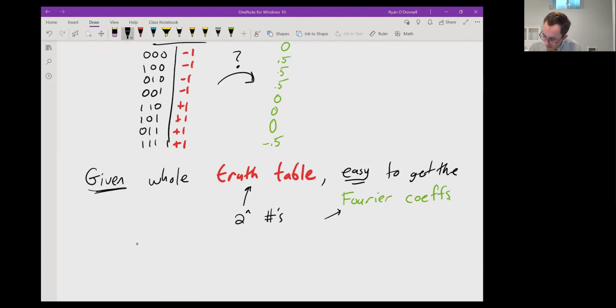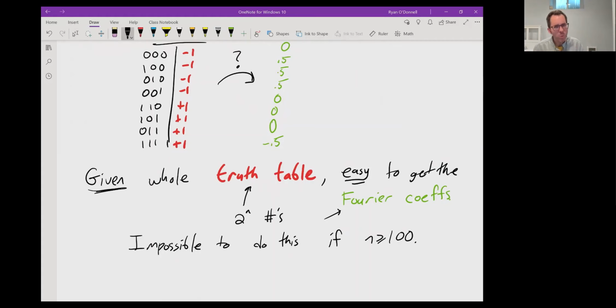So it's certainly impossible to think of things this way if, say, n is bigger than or equal to 100. Because you don't even have enough space in the universe to write down 2 to the power of 100 numbers. 2 to the 100 numbers is super huge. So you cannot just write down these Fourier coefficients. And you also can't write down the truth table of a Boolean function if it's on 100 bits or something.